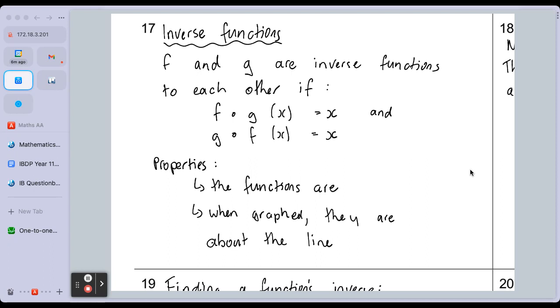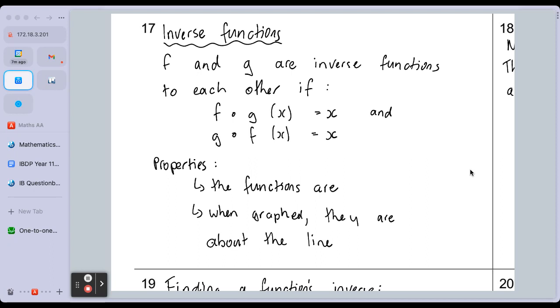So it has that property. It has further properties though.